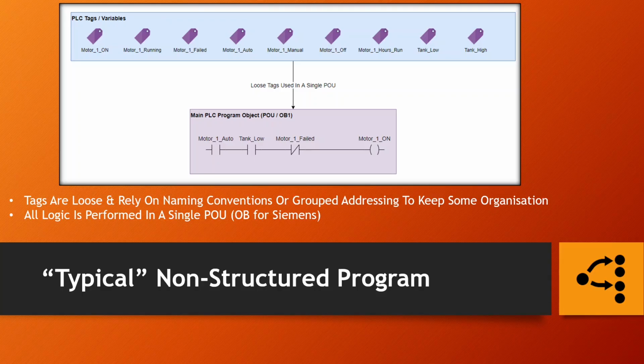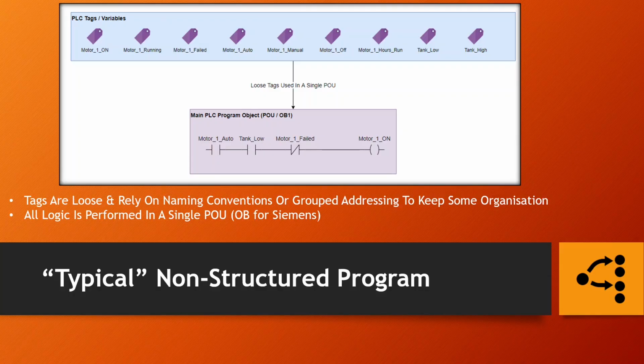So in this example, we have tags and variables at the top in the blue box, and they're all just loose. Nothing binds them together other than the person who's created these tags has put motor_1 at the beginning and tank_ at the beginning of any tank related tags. And you can see that they're used in a loose fashion in the PLC as well.